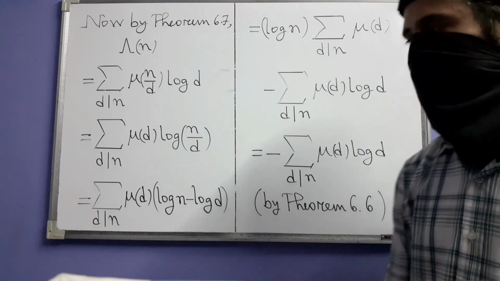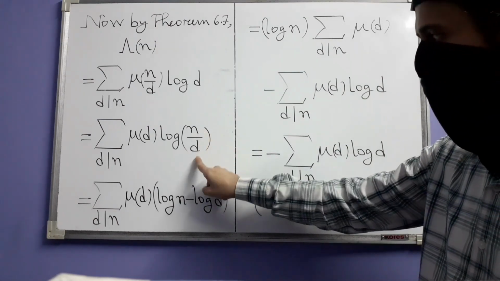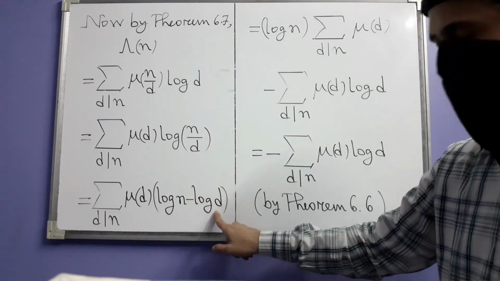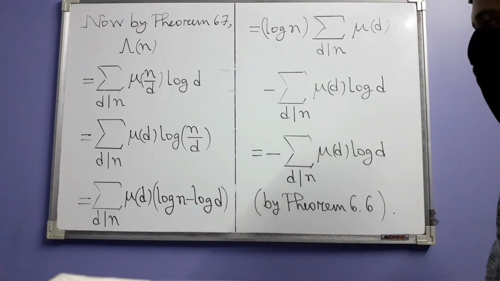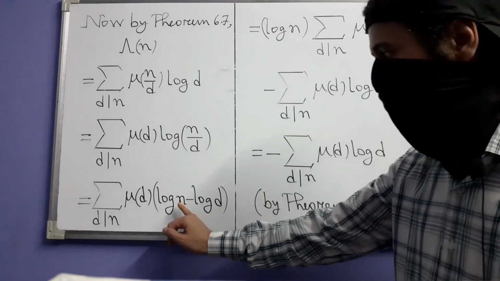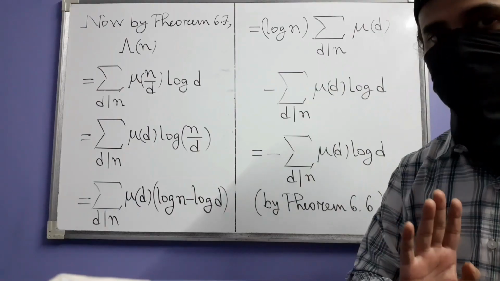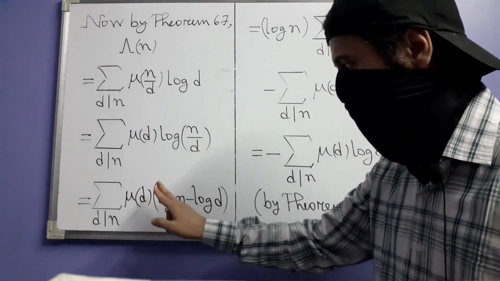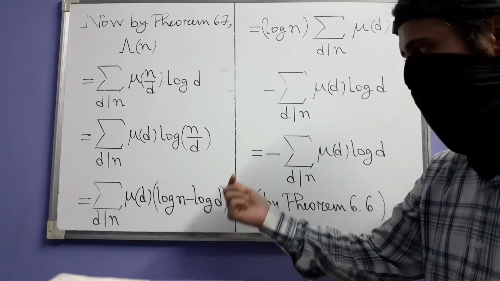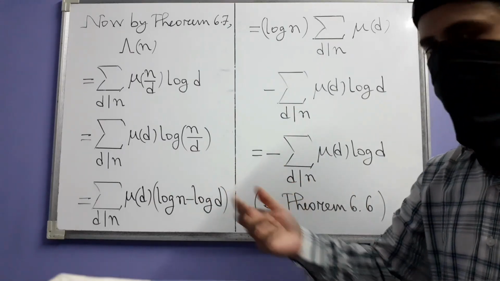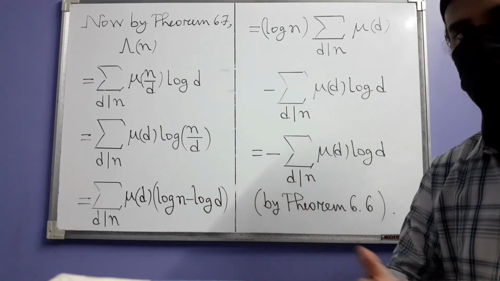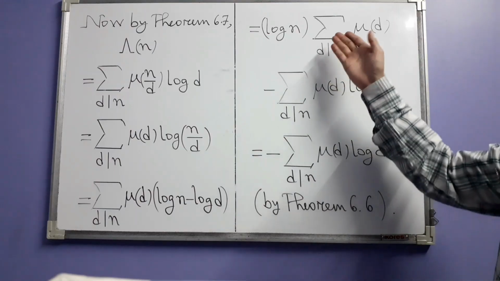Now next what we do, in place of log n divided by d, we write log n minus log d, one of the properties of the logarithm function. And then of course, you just multiply, so you get log n times mu of d minus mu of d times log d. And then the sum becomes two sums, difference of two sums, this.